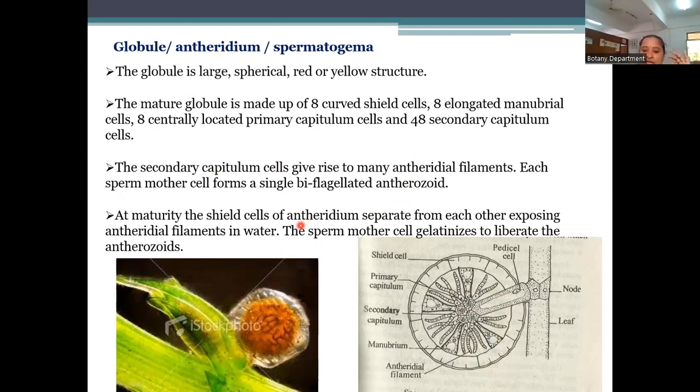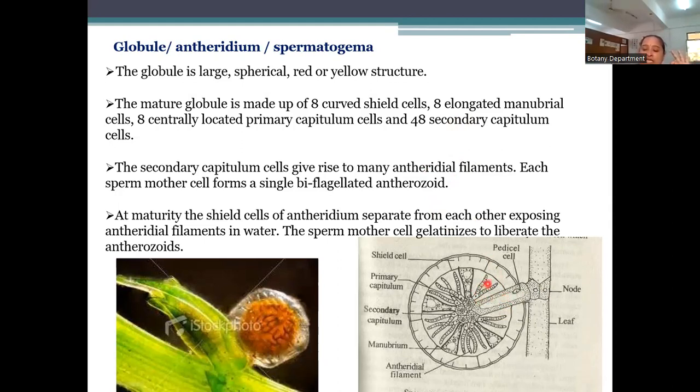The basal cell does not divide further and forms the pedicel. The upper cell is the second one. Always the basal cell does not divide further, and that basal cell forms the pedicel.